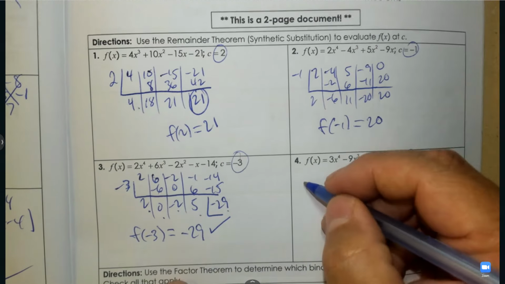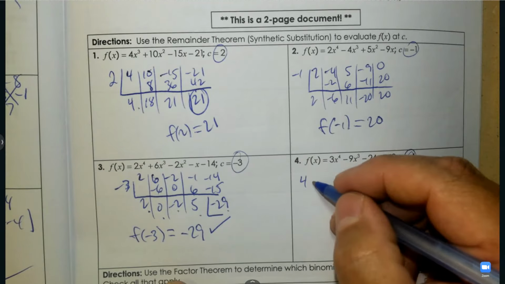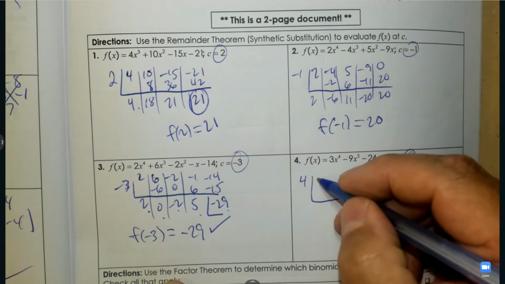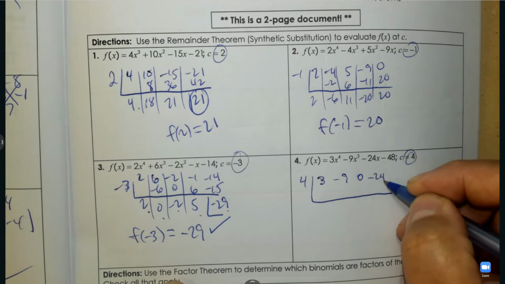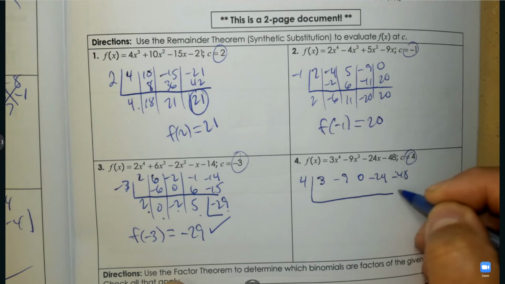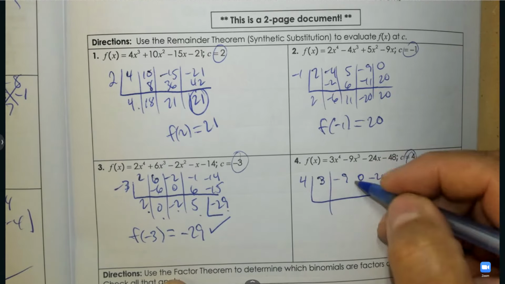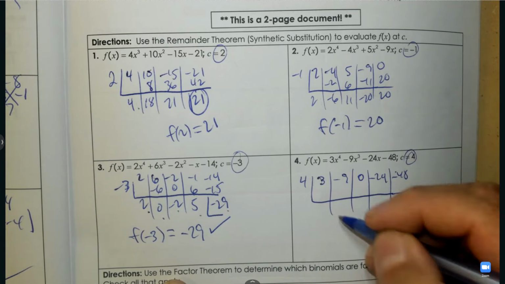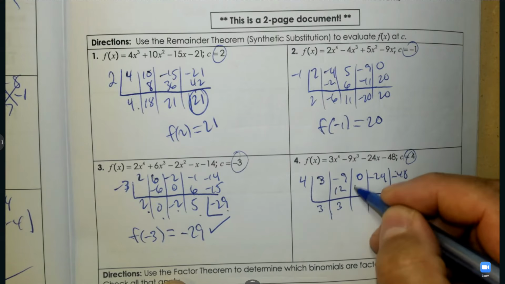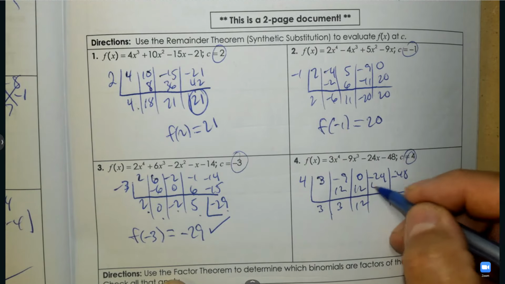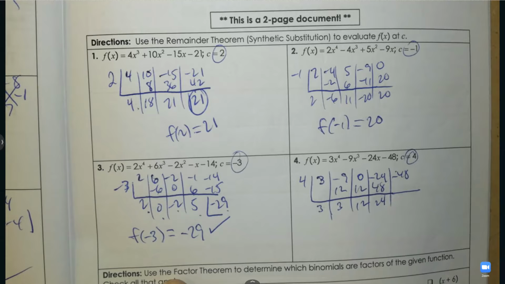Can you evaluate at 4? I have 3x to the 4th, negative 9. I'm missing x squared, negative 24 and negative 48. So 3, 12, 3, 12. 48, 24.